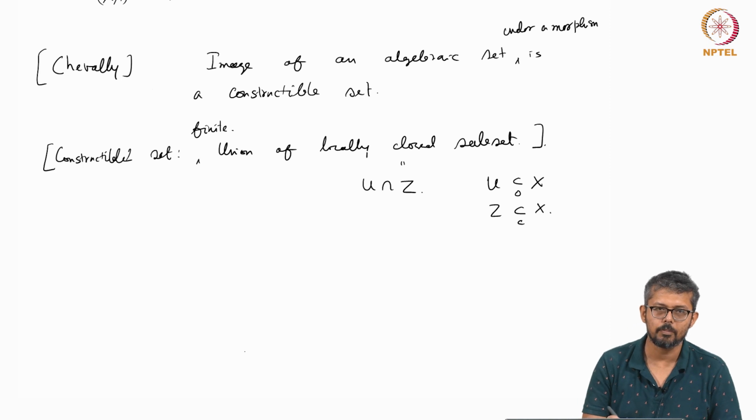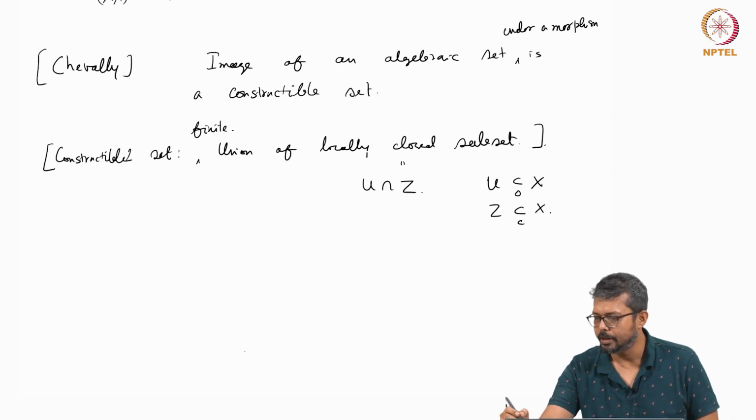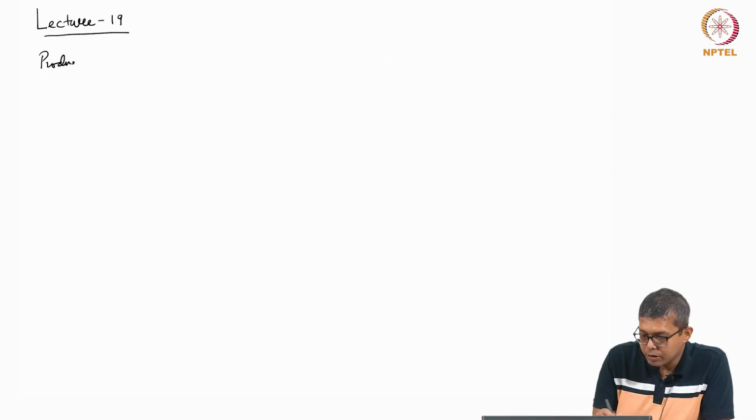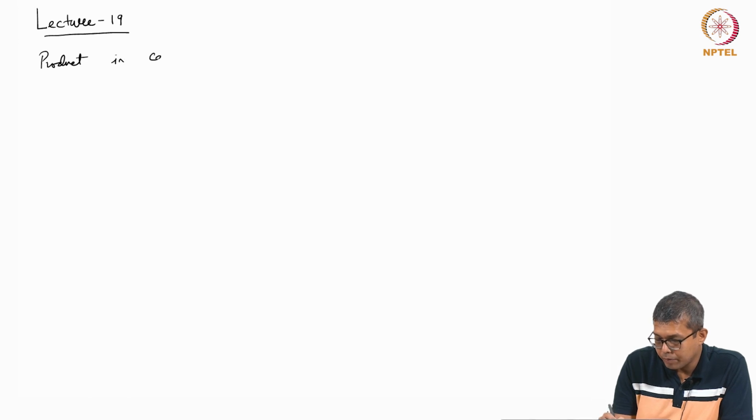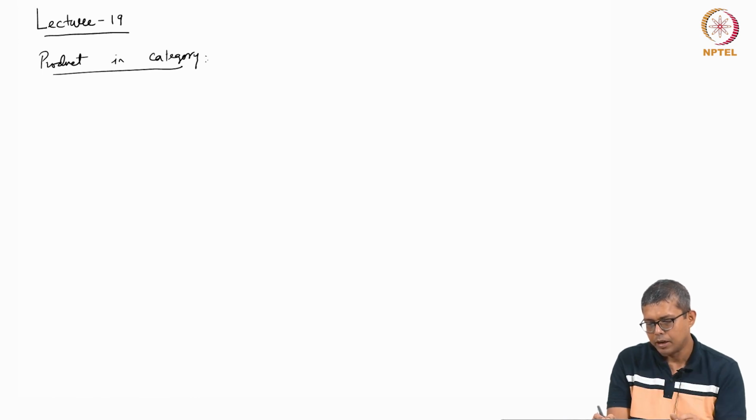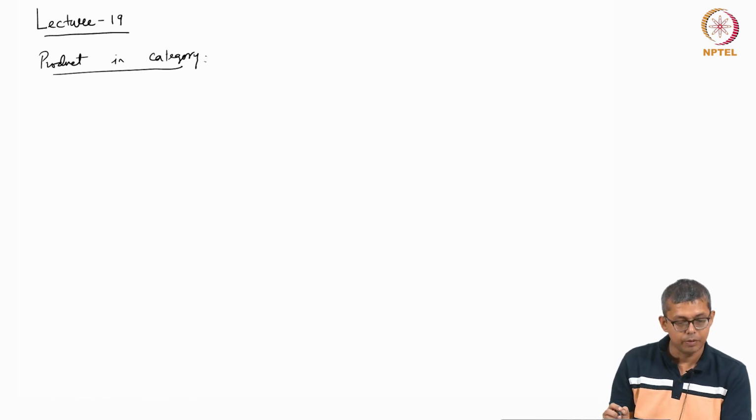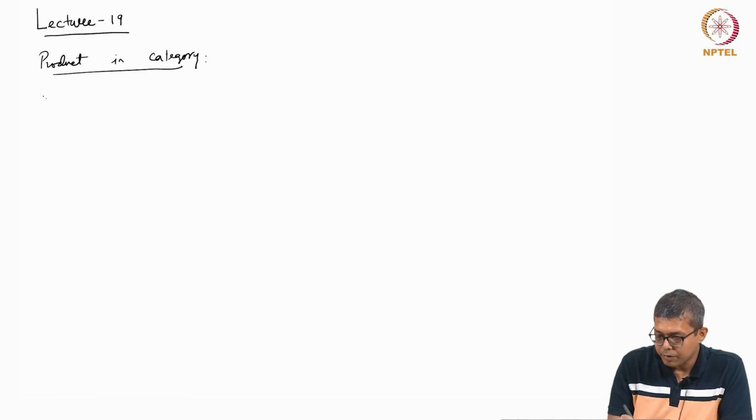Let's do some more machinery we need. So let's recall the product category. I said something wrong last time, so I will correct that first, and then I will go into the proof of the proposition.